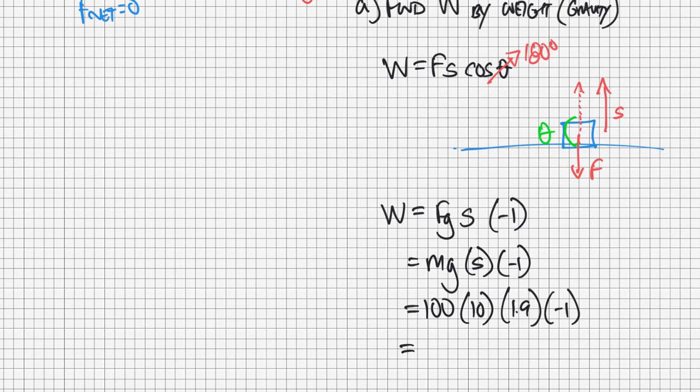So that's going to give me -1.9, oops, sorry, not 1.9, 19, and then we move our decimal place 1, 2, 3 Newton meters. So that's the work done by the weight, or the work done by gravity, is -19,000 Newton meters.